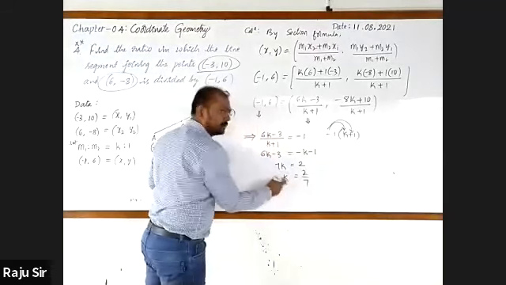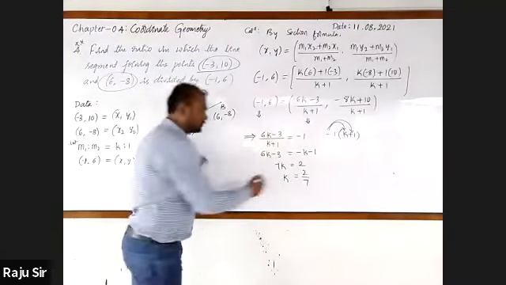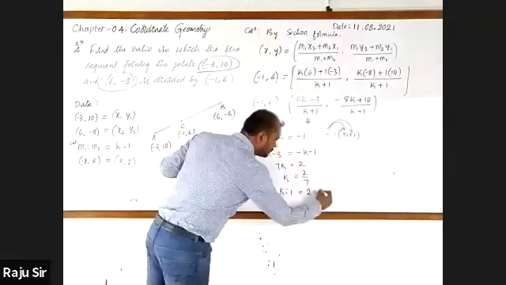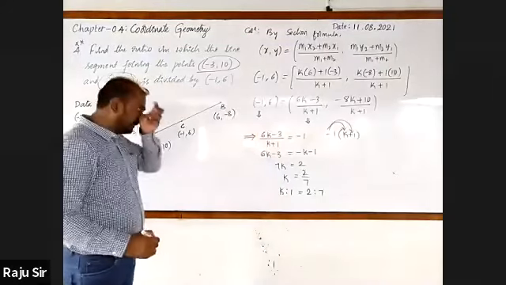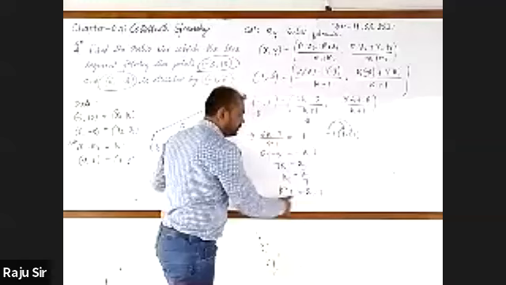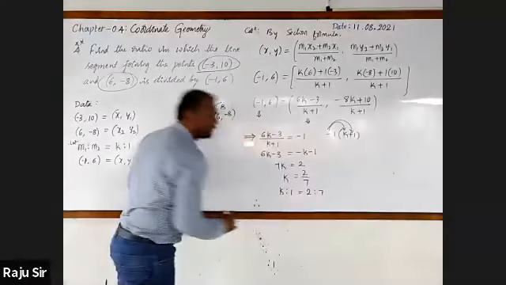k, nothing but k by 1. So it is k is to 1, equal to 2 is to 7. m1 is 2, m2 is 7. Just directly you can write the conclusion.